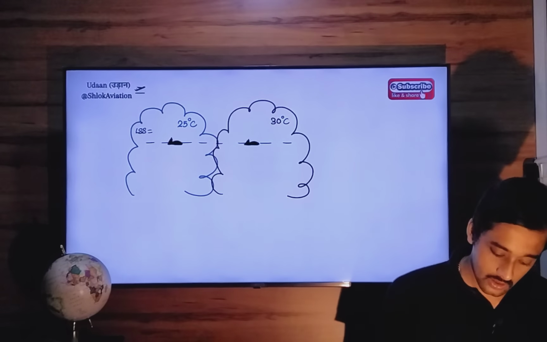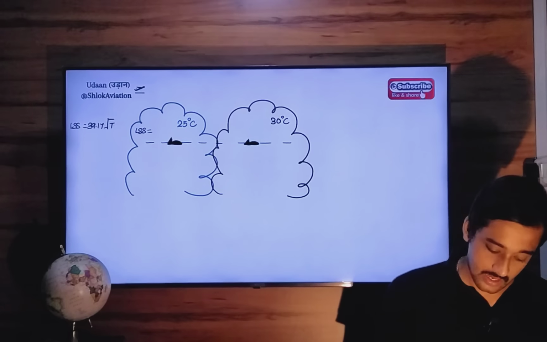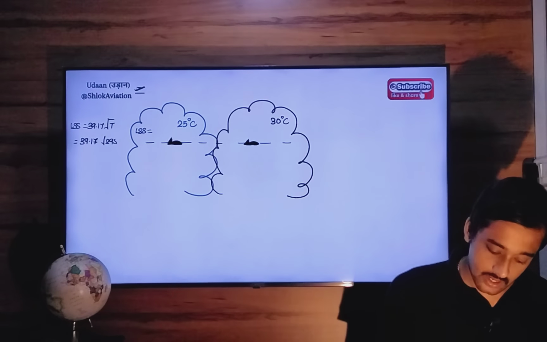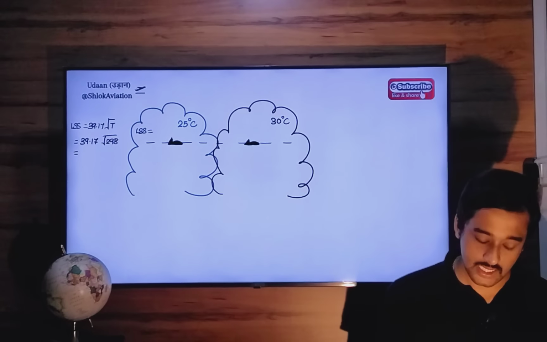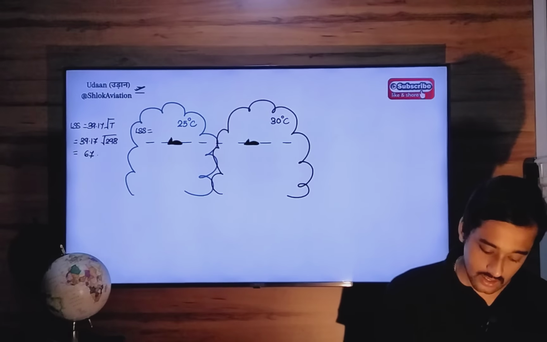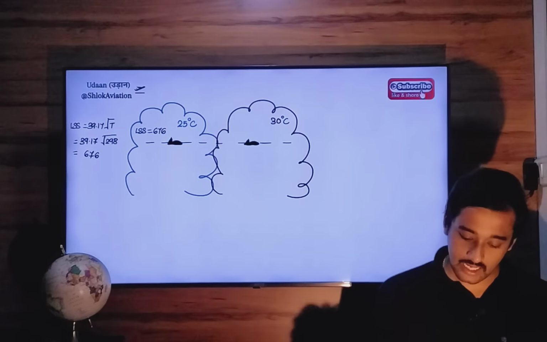The local speed of sound formula is 39.17 times the square root of temperature in Kelvin. So 39.17 times the square root of 298 is 676 knots. So local speed of sound in the cold temperature is 676.